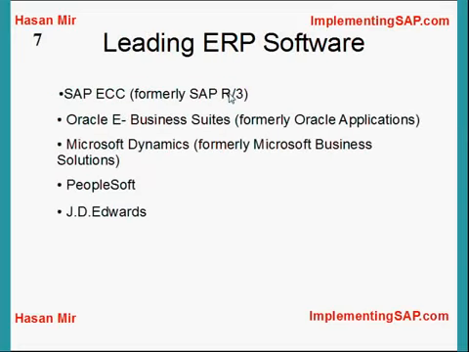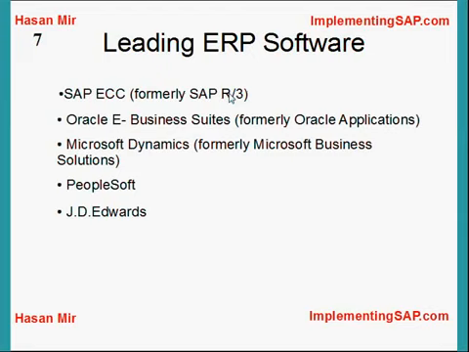Let's talk about the ERP market. SAP is the leader in ERP market. Latest version of SAP is called SAP ECC, ERP Central Component. Formerly, SAP used to be known as SAP R/3. That was the previous version before SAP ECC. It's no more the latest version. The second largest player is Oracle E-Business Suite, formerly known as Oracle Applications.